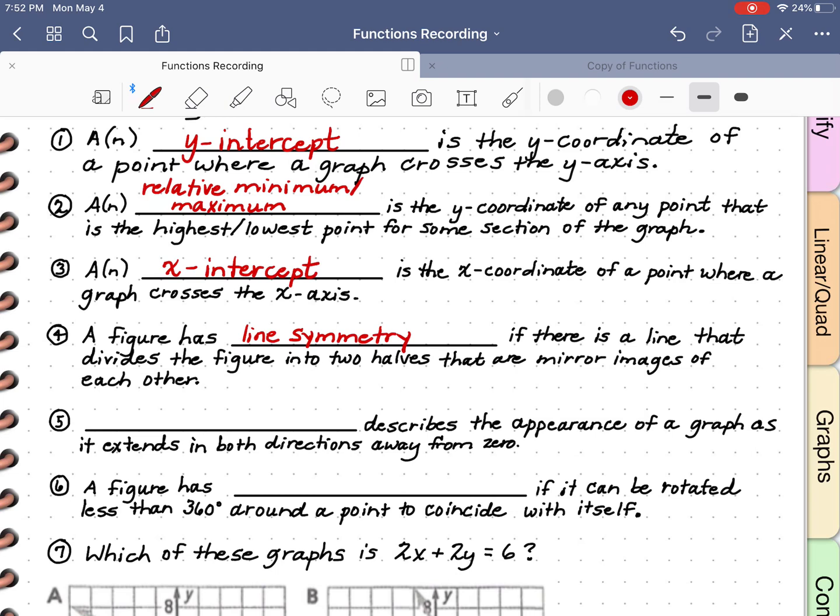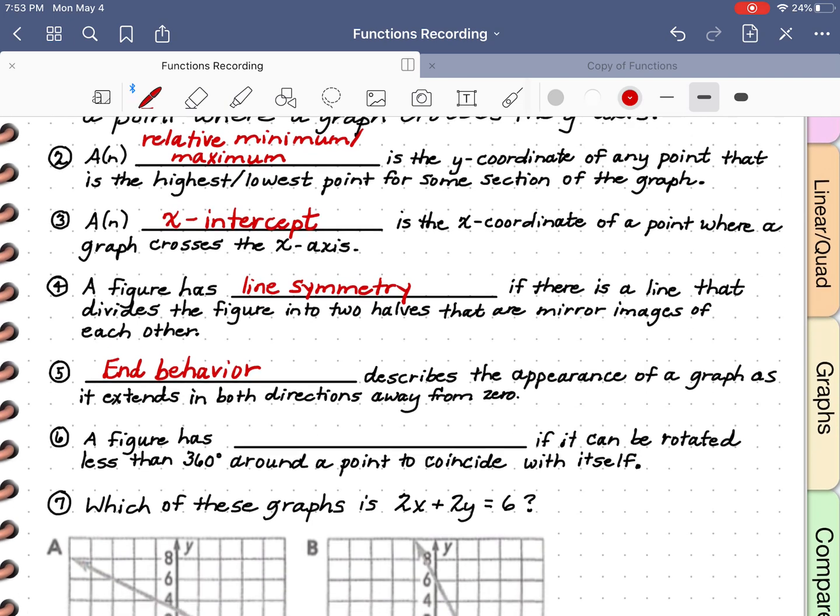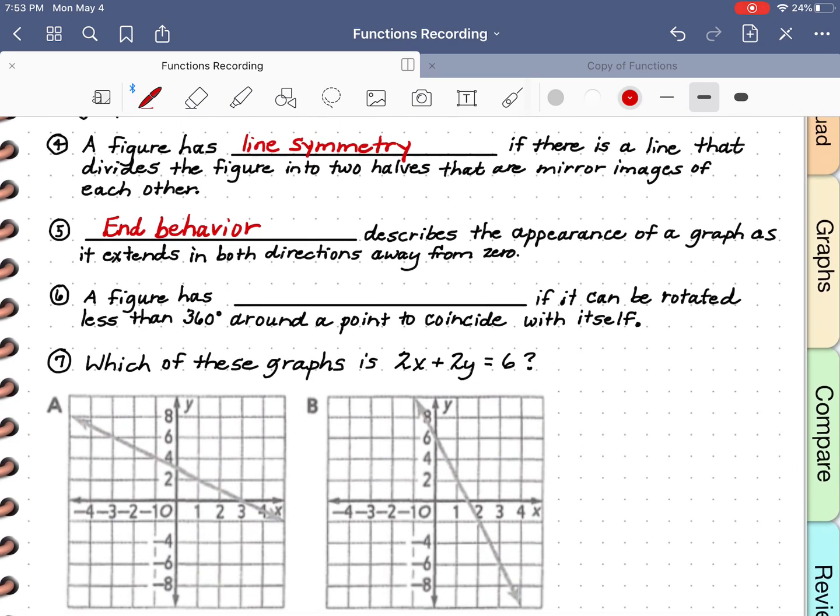Blank describes the appearance of a graph as it extends in both directions away from zero. That is its end behavior. A figure has blank if it can be rotated less than 360 degrees around a point to coincide with itself.